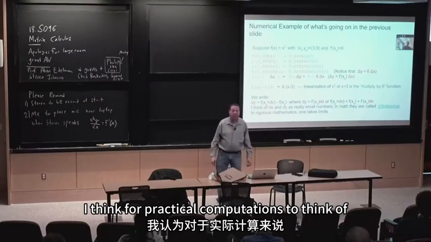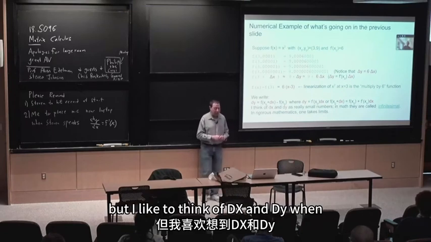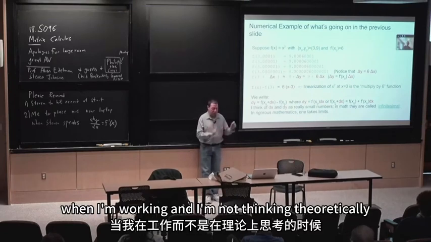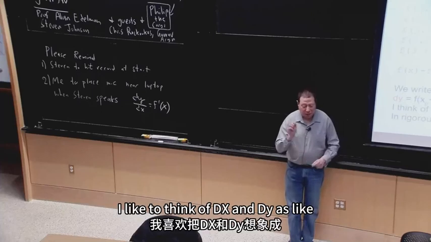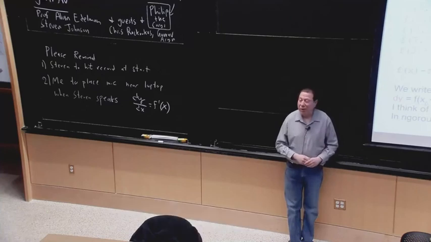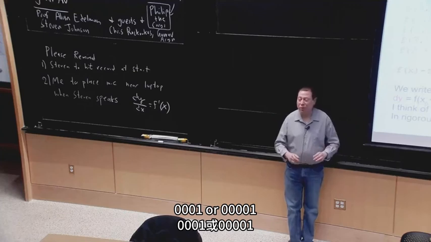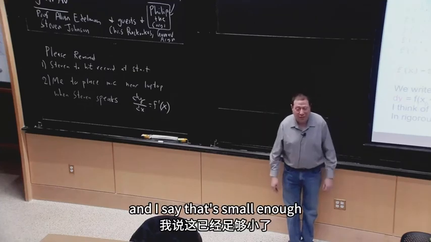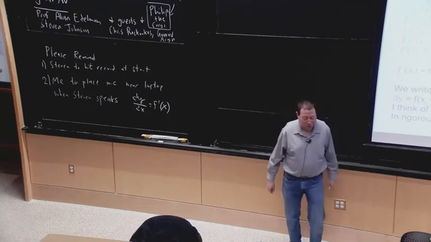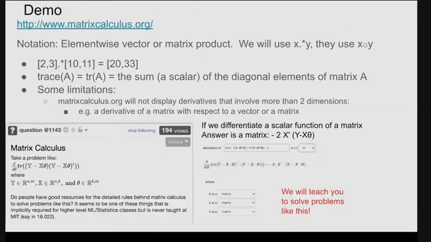You could think of it any way you like, but when I'm working and not thinking theoretically, I like to think of dx and dy as the limit of very small numbers. When I play on the computer, I type 0.0001, and I say that's small enough. It depends on context, of course, but that's usually what I do.